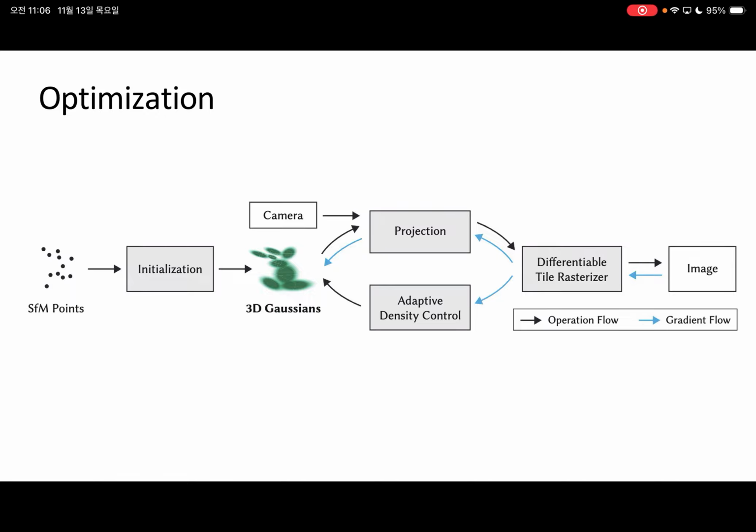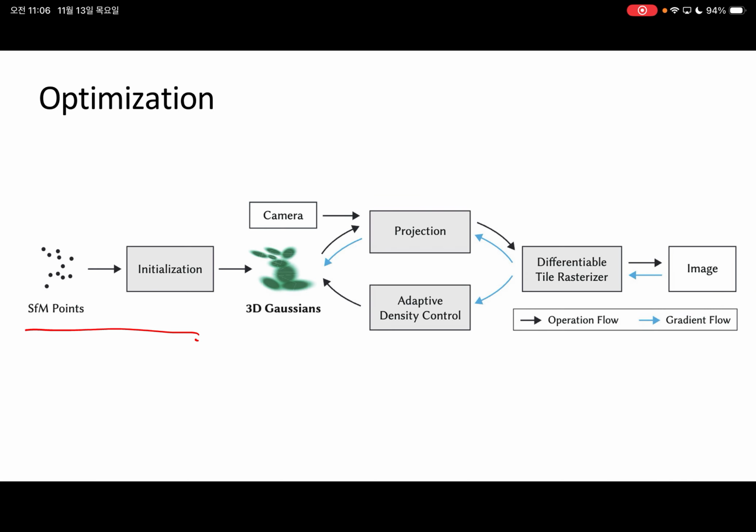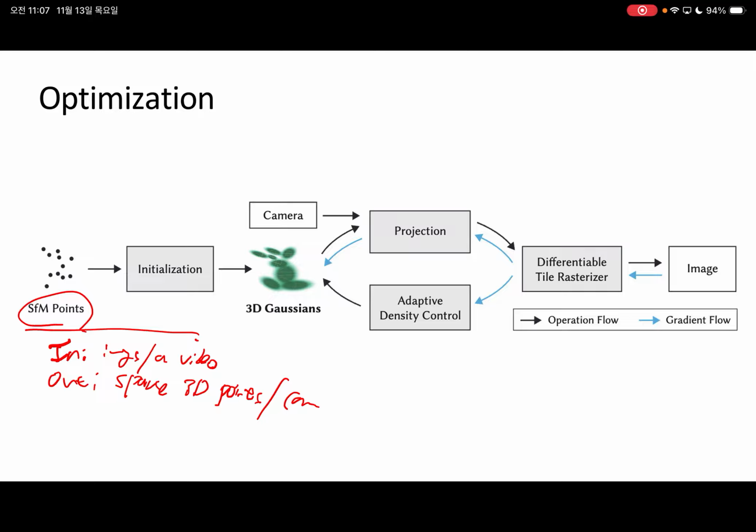And this is the optimization pipeline of 3D Gaussian splatting. The first step is initialization. Here we run structure from motion, right? For structure from motion, the input is images or a video, and the output is a sparse point cloud and camera parameters.